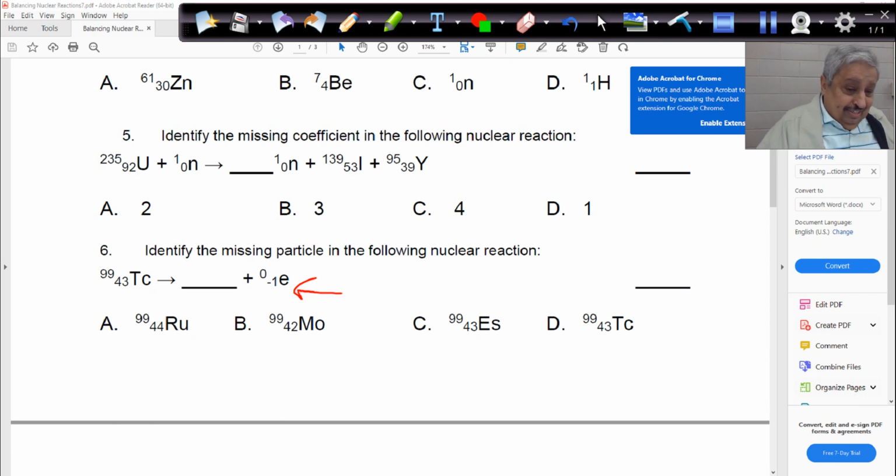So what will be the element in the top here? How much do we have? 99. Perfect. How about the bottom? 44, correct? Everybody agrees? What will be our element? 44. Look at that. Where is 44? Atomic number will give us the element. 44 is what?